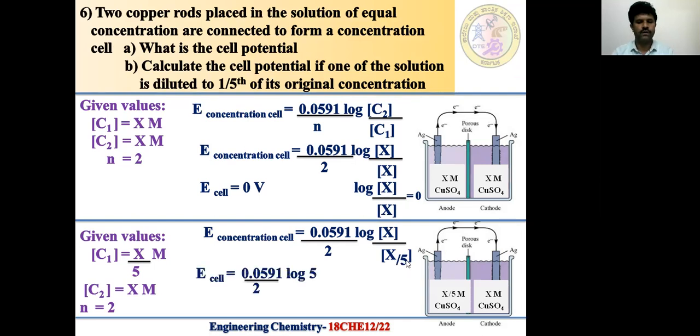Then the EMF of the concentration cell is equal to 0.0591 divided by 2, and x and x will cancel and the 5 will shift to the numerator, that is log 5.